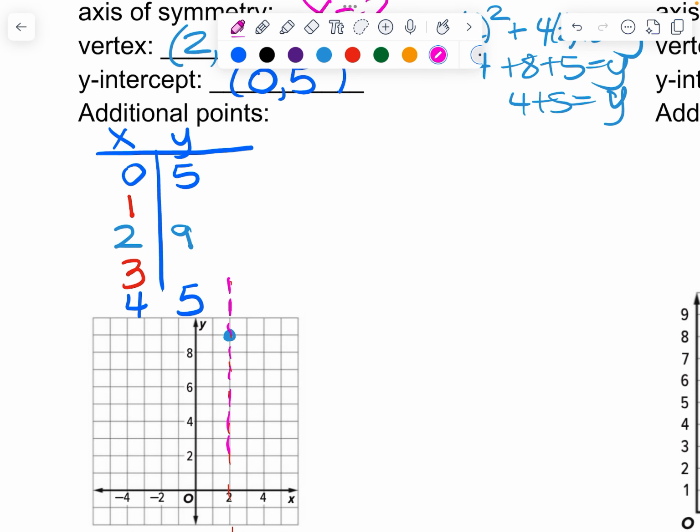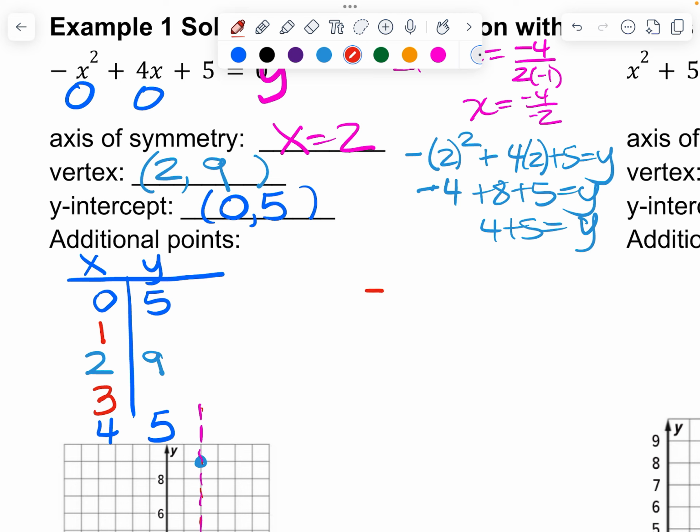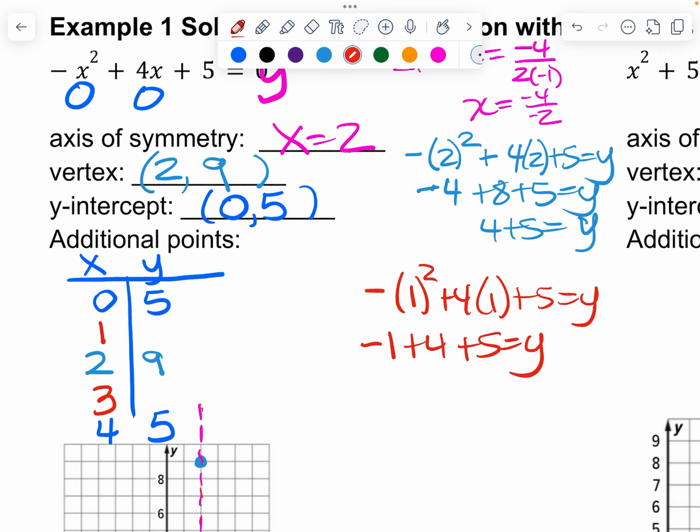Okay, this is the axis of symmetry. If I plug in 1 into this equation, I would get negative 1 squared plus 4 times 1 plus 5 equals y. That would get me negative 1 plus 4 plus 5, and that would get me 8. So this is 8 and this is 8.